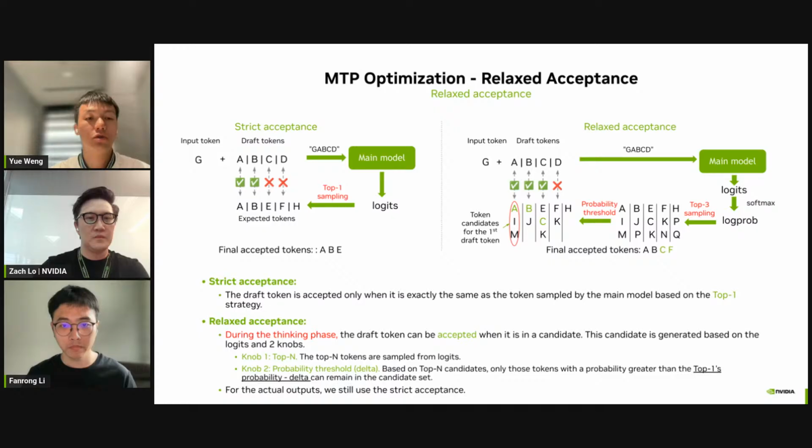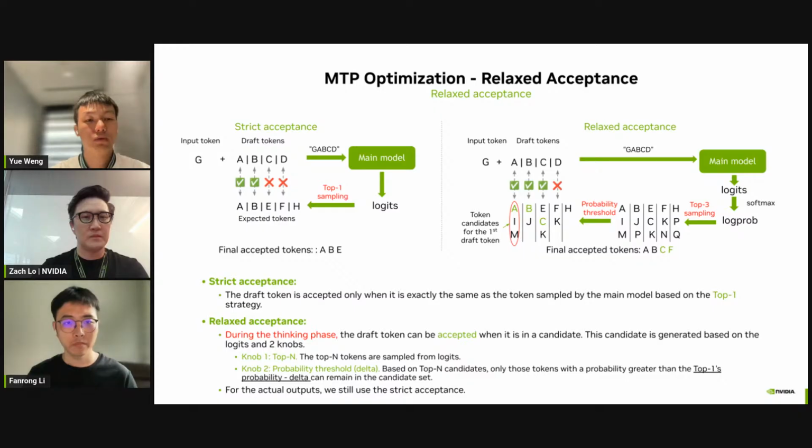But our draft tokens generated by the previous iteration are A, B, C, D. So we compare one by one with the longest prefix match. We can accept A and B, but when we try to accept the third one, it is mismatched. So we can only accept A, B, and E.